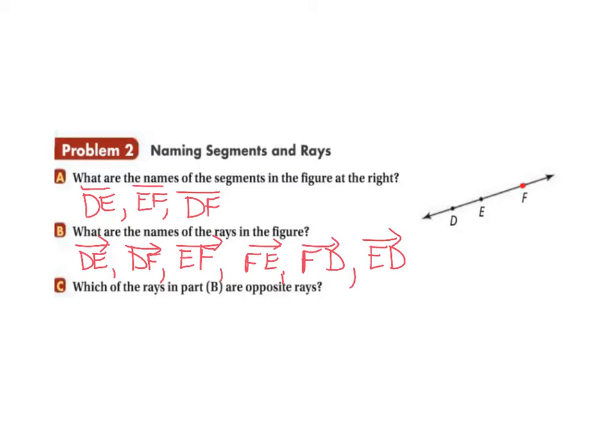Just like I didn't say F going this way. The opposite rays are going to have to be centered around this point E, because E could go towards F or E could go towards D. So when they ask which two are opposite rays, the ray E going towards F and the ray E going towards D, those are the opposite rays.